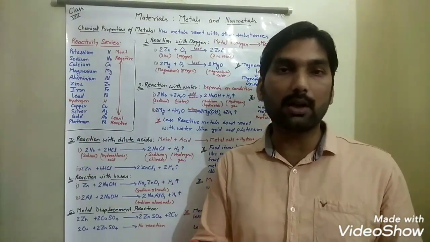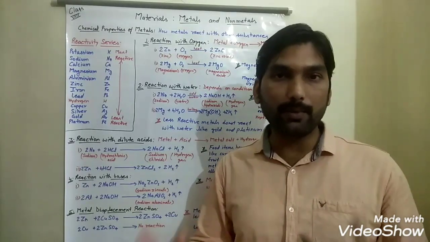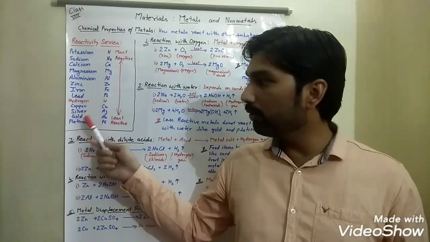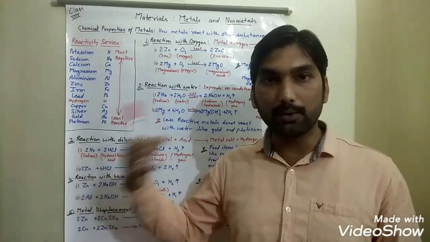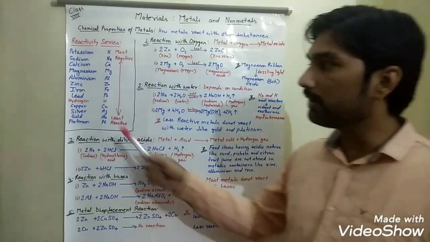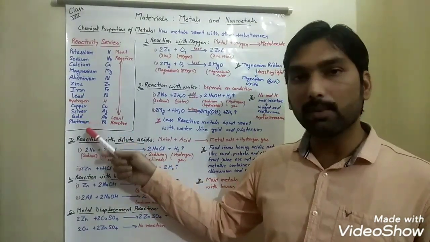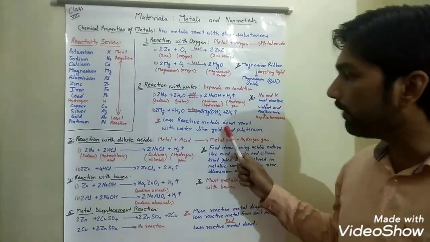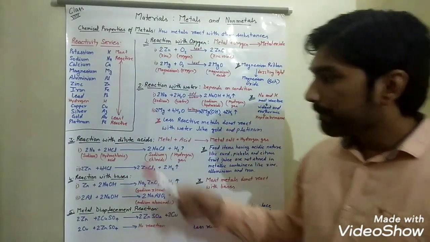You are all aware that people wear ornaments of silver, gold and platinum, and they use water daily in their life, but still there is no change, because gold, silver and platinum are what? Very less reactive metals, so they are not going to react with water.